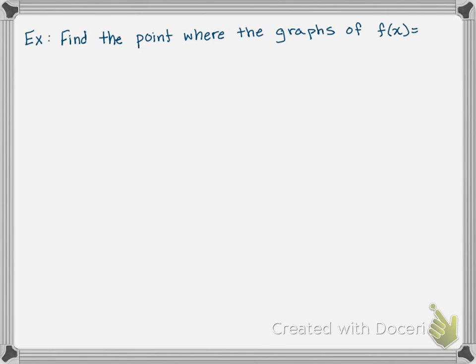We are going to find the point where the graphs of f of x equals negative 3x plus 5 and g of x equals 4x minus 9 intersect.